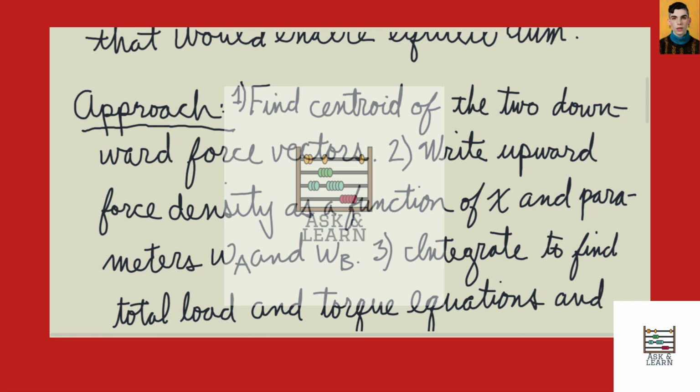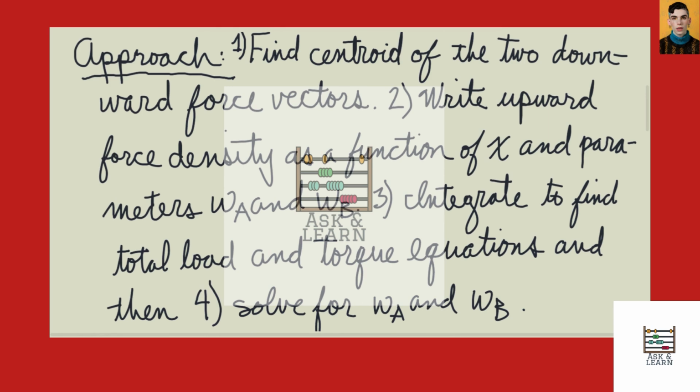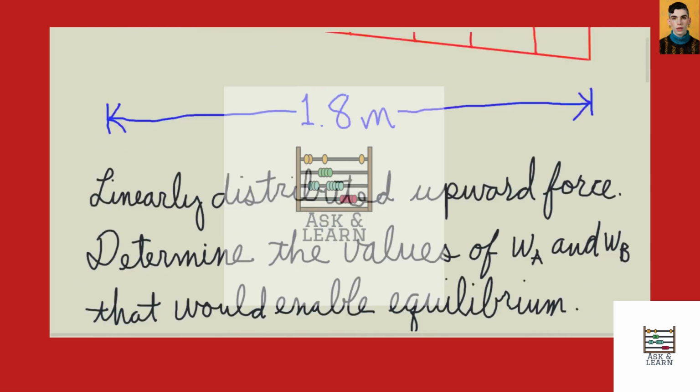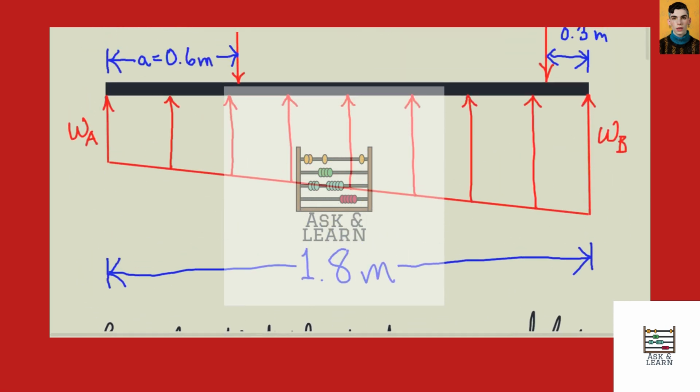Second, we'll write the upward force density as a function of x and parameters W sub A and W sub B. Third, we'll integrate to find the total load and total torque equations, in terms of W sub A and W sub B. Given both of those, we can then solve for the two unknowns, W sub A and W sub B. Each of these will have units of kilonewtons per meter.